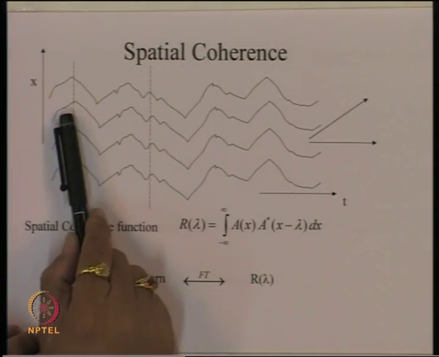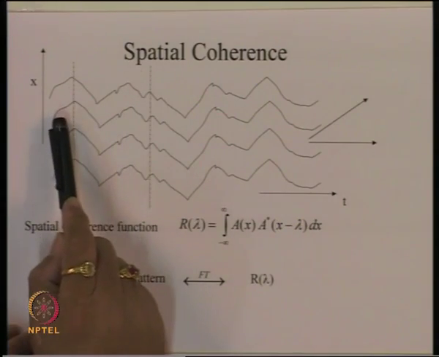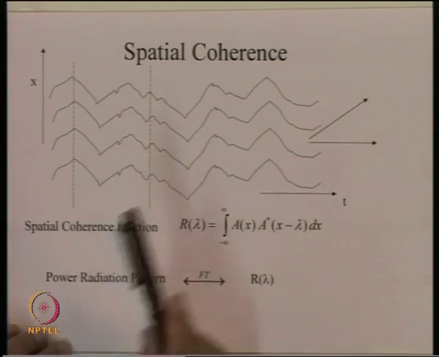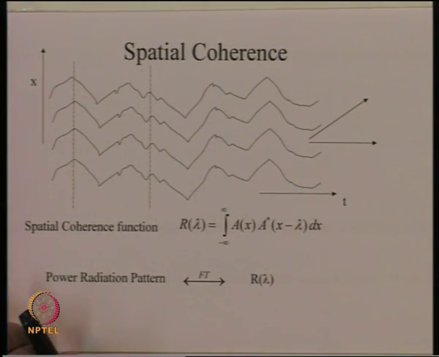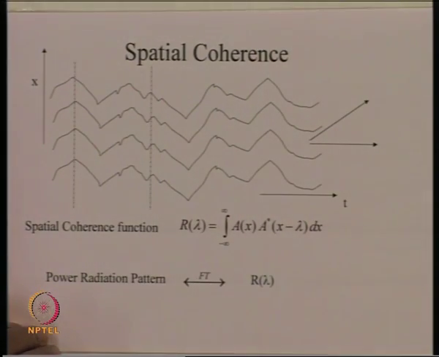So, if I calculate the correlation between this point and this point, the temporal coherence in this signal is very small, because this function is varying more like randomly as a function of time.